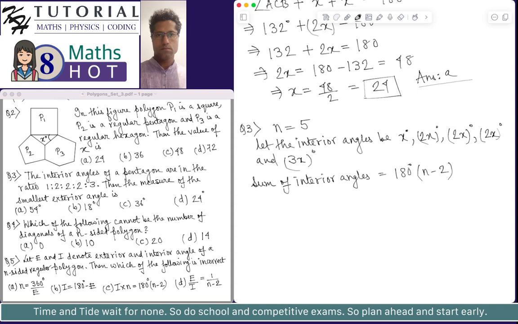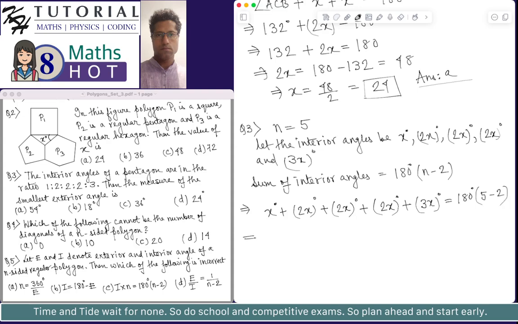So the sum of the interior angles based on the assumption will be x degree plus 2x degree plus 2x degree plus 2x degree plus 3x degree is equal to 180 degree times 5 minus 2.